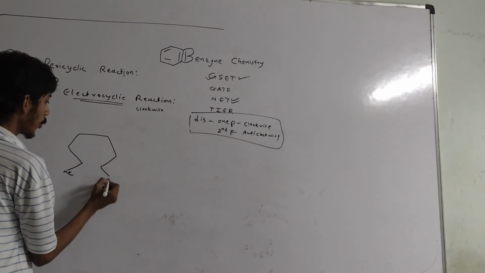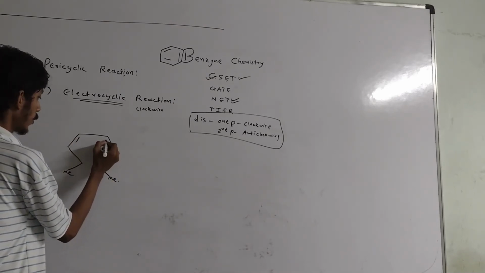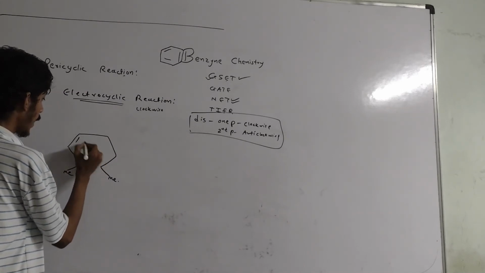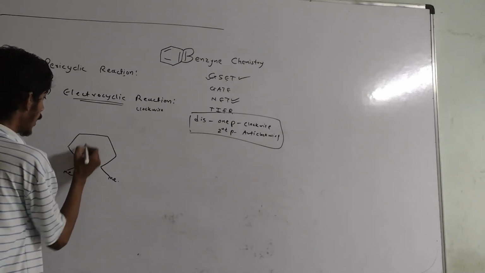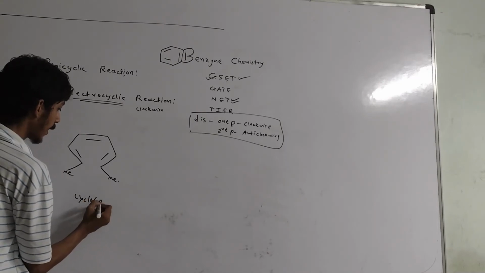So now also we'll take the same example. Cyclohexatriene. This is cyclohexatriene.